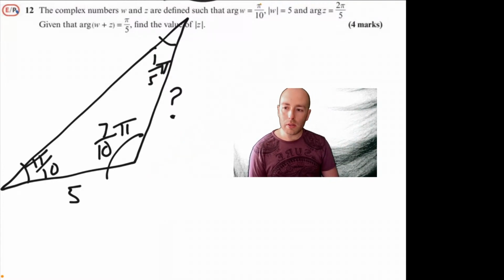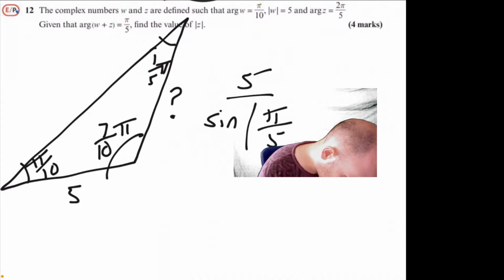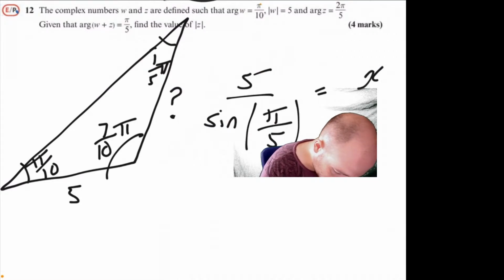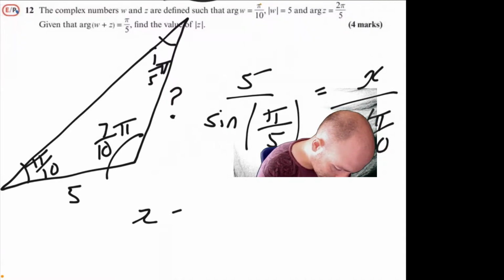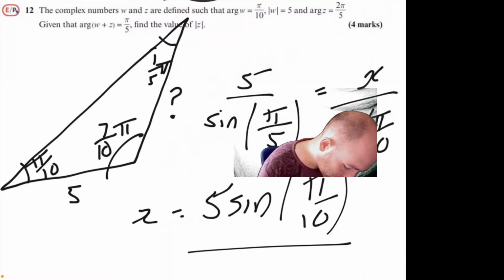Cool. All right, once I've got all that, I can use the sine rule. So we're going to say 5 over sine pi by 5 equals the thing we want, x over sine pi by 10. So x equals 5 sine pi by 10 divided by sine pi by 5.